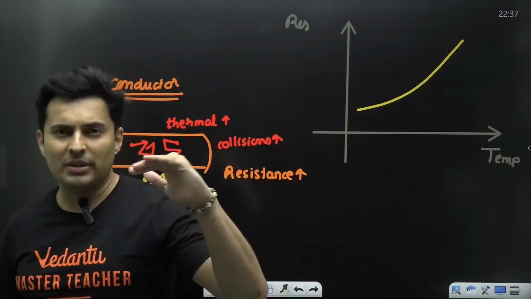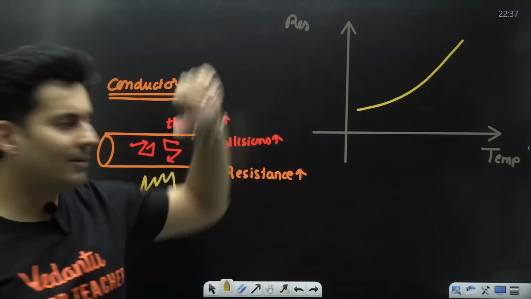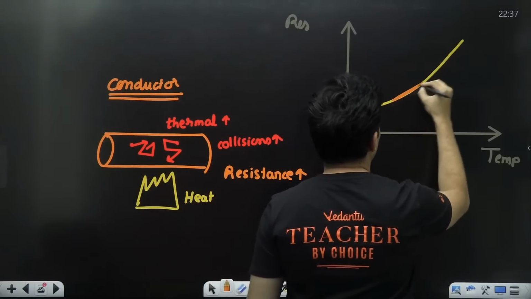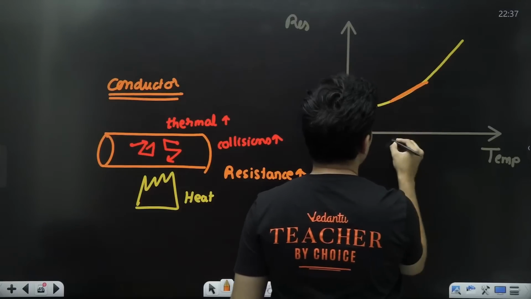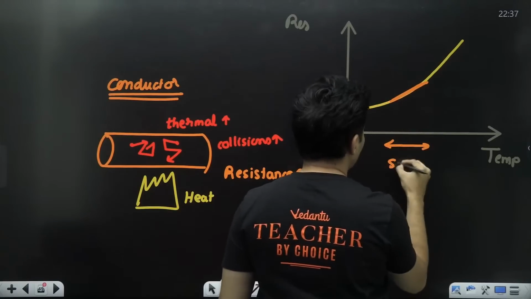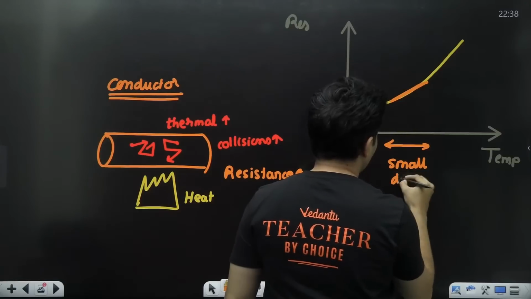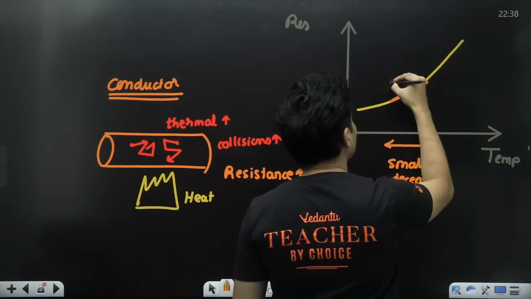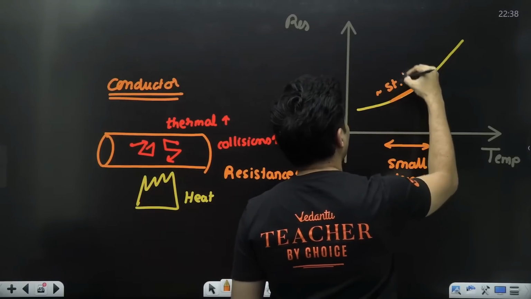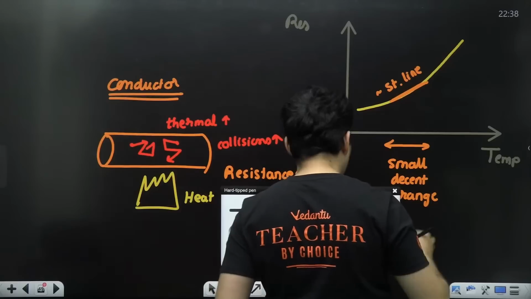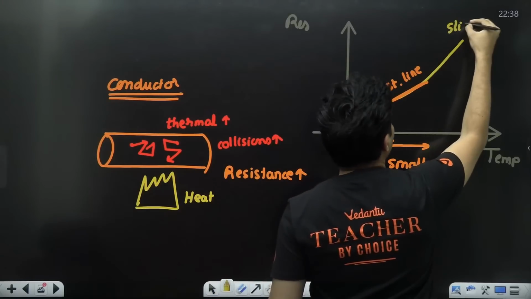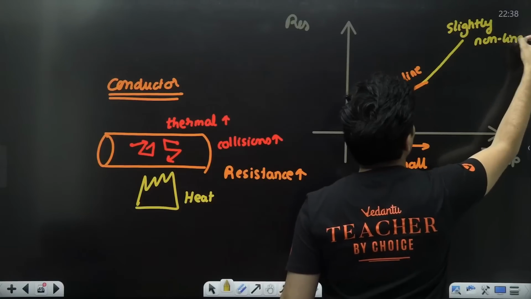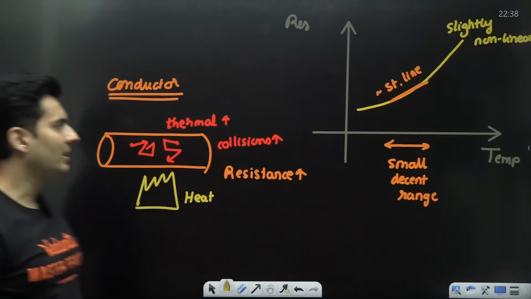Usually the graph is not a straight line, it is a slight curve, but if you take a small range, it approximately looks like a straight line. So for a small decent range of temperatures, it is approximately a straight line. Otherwise, it is slightly curved. It is slightly non-linear.